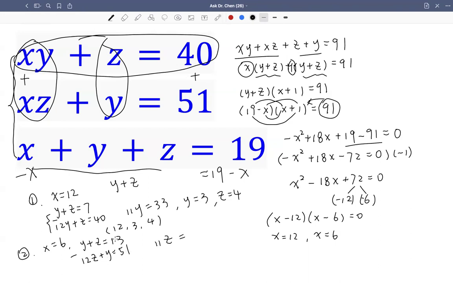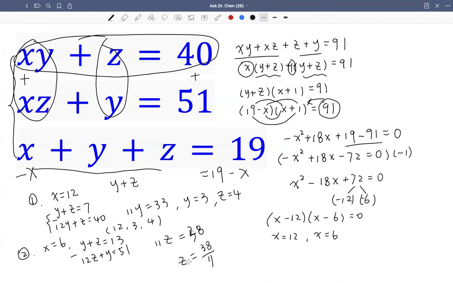Now 51 subtract 13 is 38, because 38 plus 13 is 51. So z is not a whole number. z equals 38 divided by 11. That looks strange, but anyway.